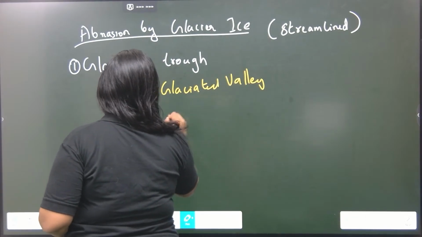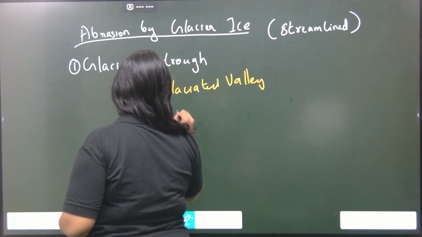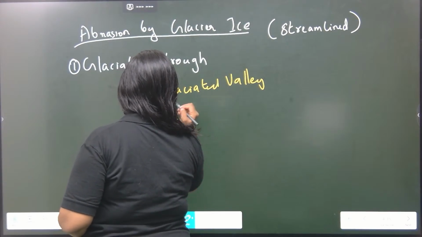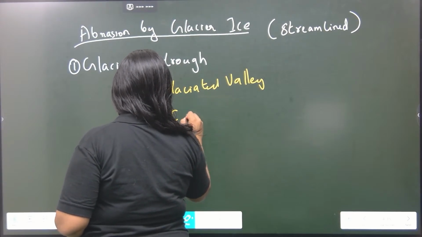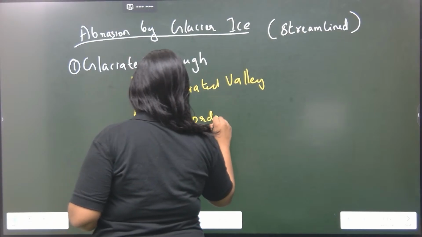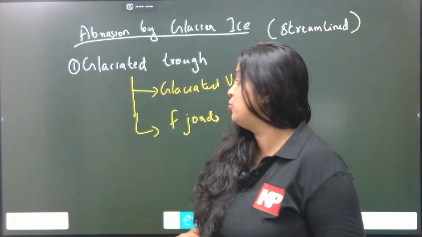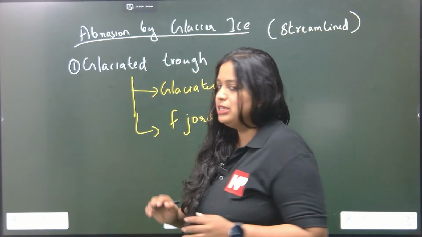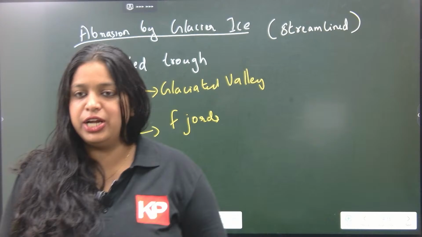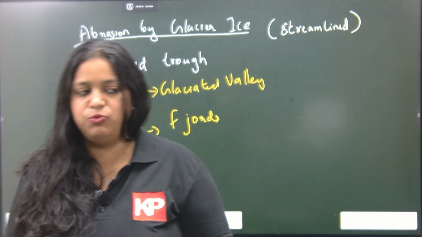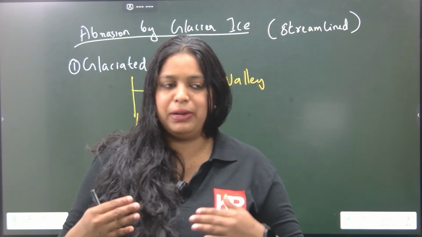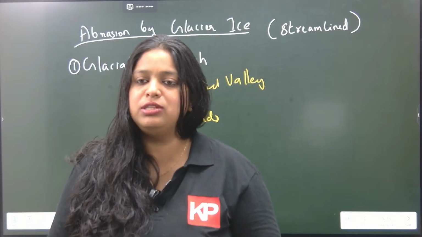The next one is fjords. Fjords are simple. They are also glaciated troughs, U-shaped glaciated valleys, but their floor will be below the sea level.